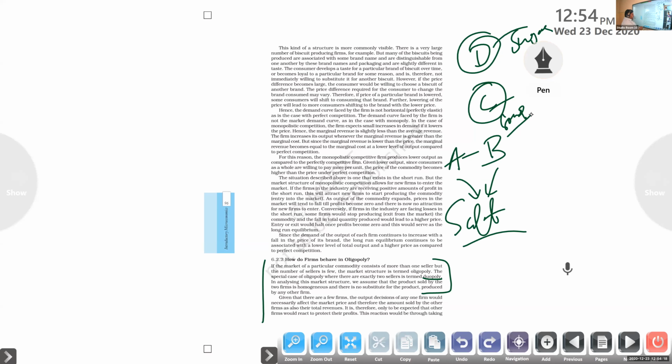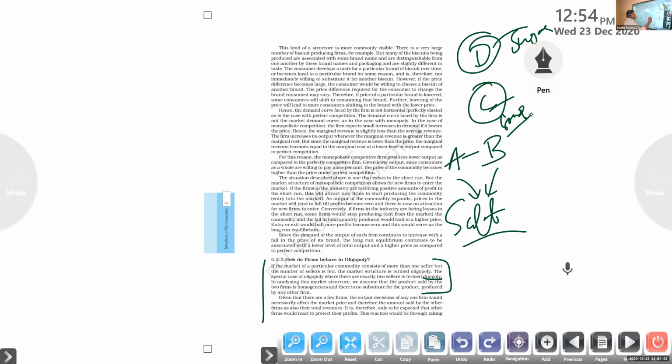Okay, given that there are a few firms, the output decision of any one firm would necessarily affect the market price and therefore the amount sold by the other firm, as also their total revenues. Decision on the output, clear?